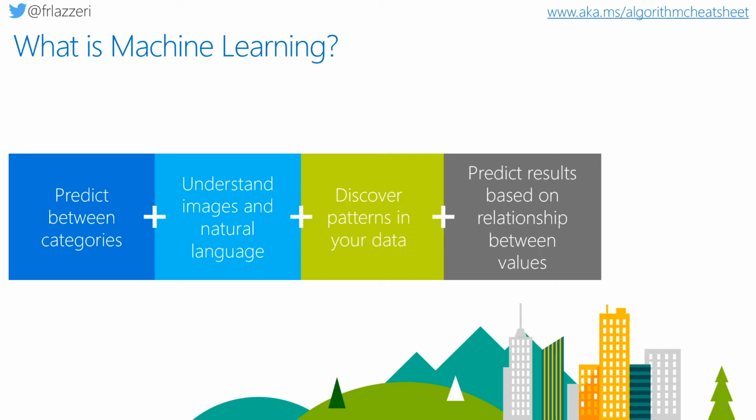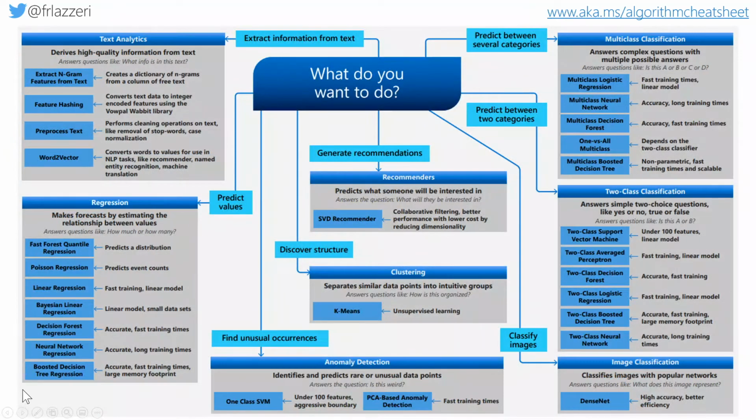In order to understand more Designer capabilities, we also put together this algorithm cheat sheet. As you can see, everything starts from the middle. Here is the biggest question that data science and machine learning are going to help you answer. What do you want to do? More specifically, what do you want to do with your data?